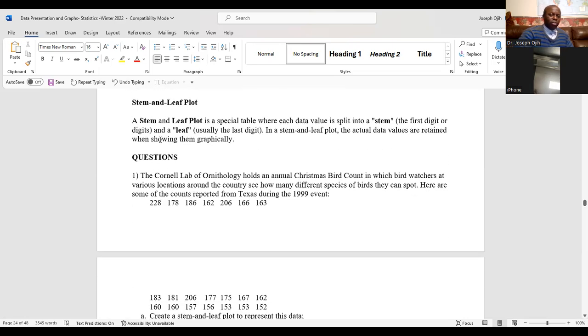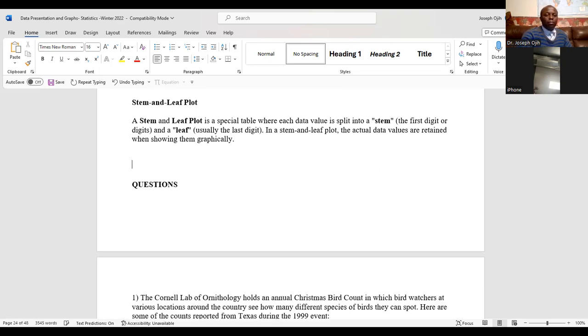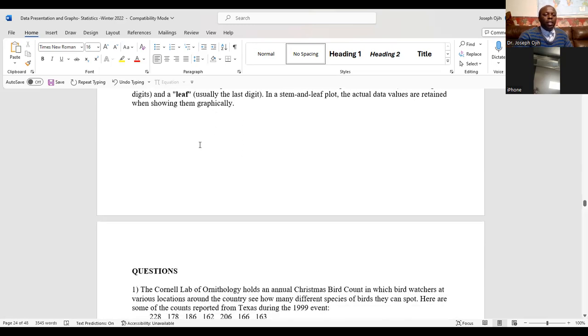The stem and leaf plot is a special type of table where each data value is split into a stem, which is the first digit or digits, and the leaf. Usually, the leaf is the last digit, and any other digits before the leaf are the stem. Let me show you what I mean. Suppose we have, just shooting at random, 56.